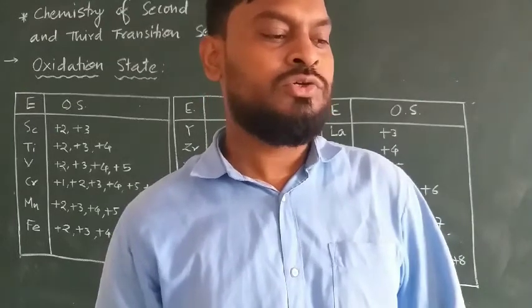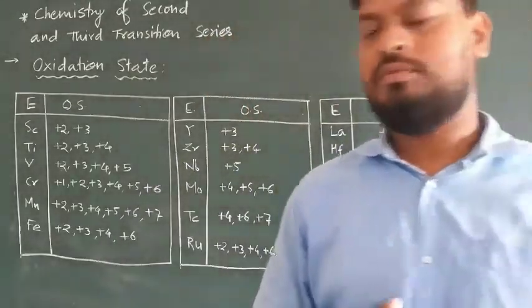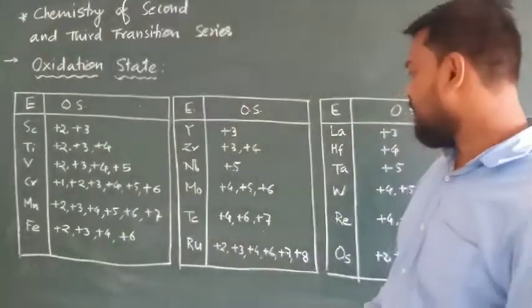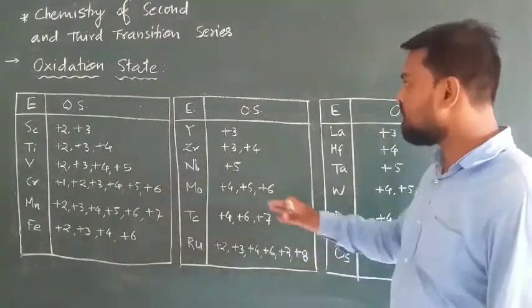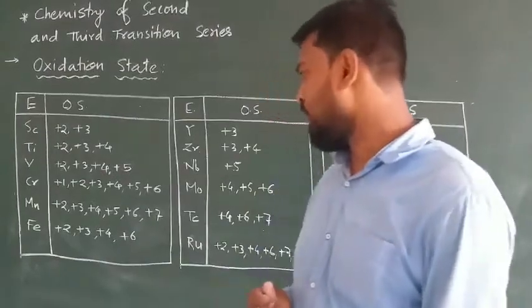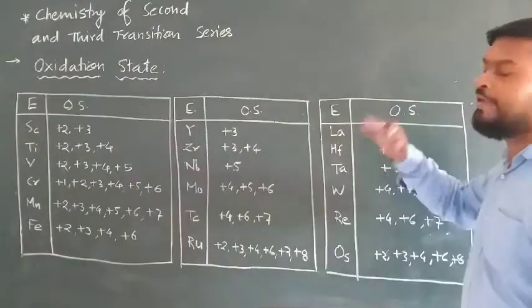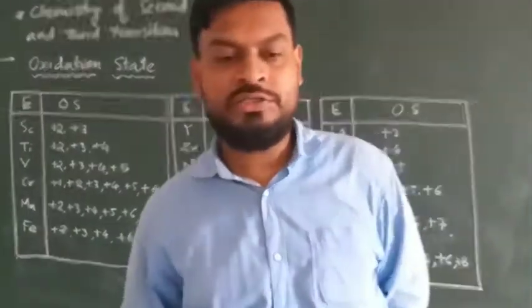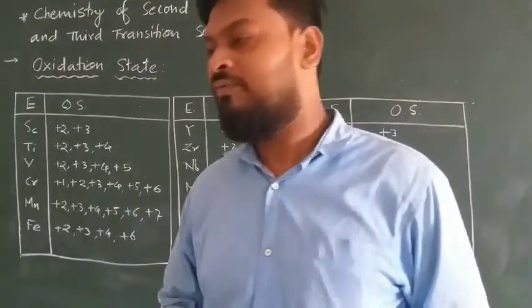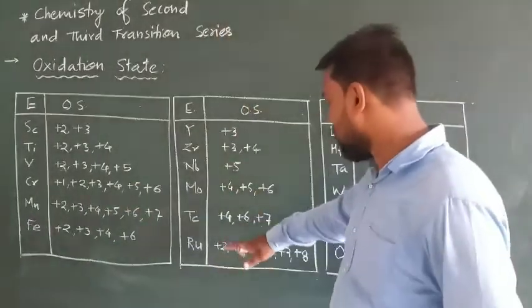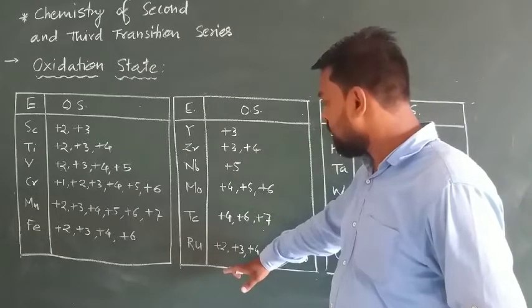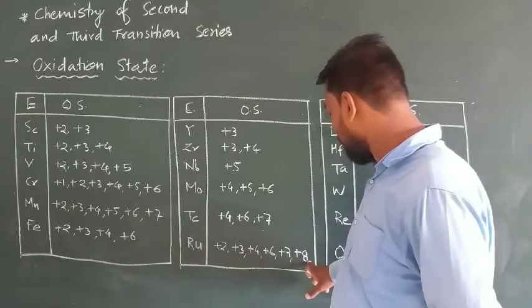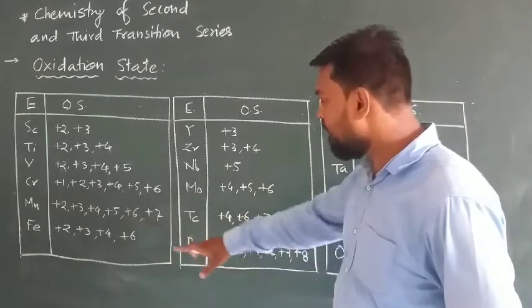This was an important point regarding oxidation states while studying the second and third transition series. After these elements, some elements I left, because I wanted to explain these important points.